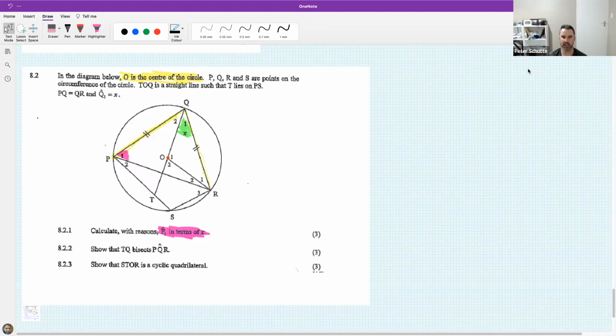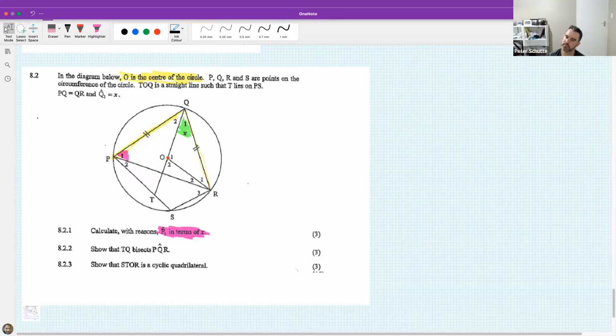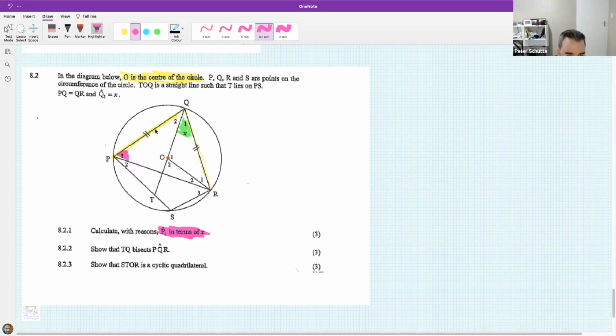What is P1 in terms of x? Who wants to give us a hint? Or give us an idea?